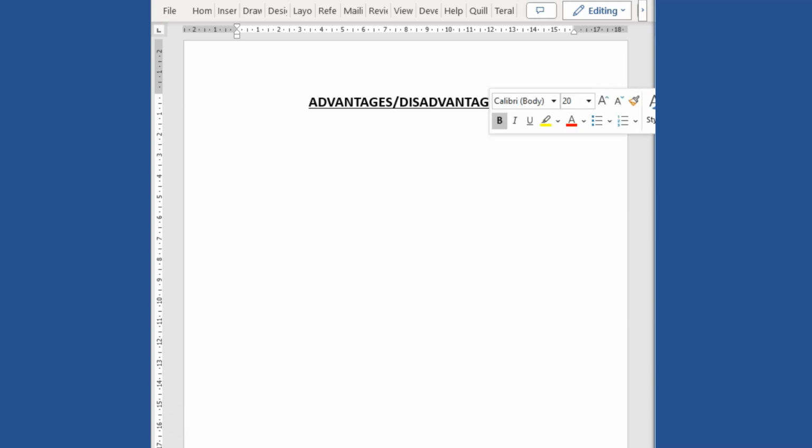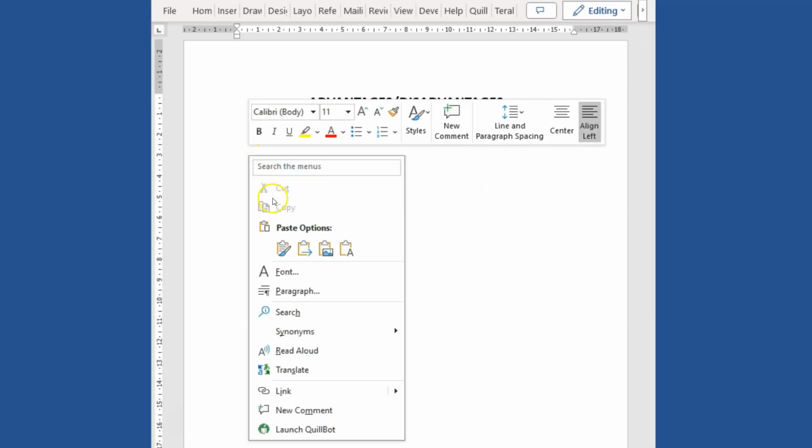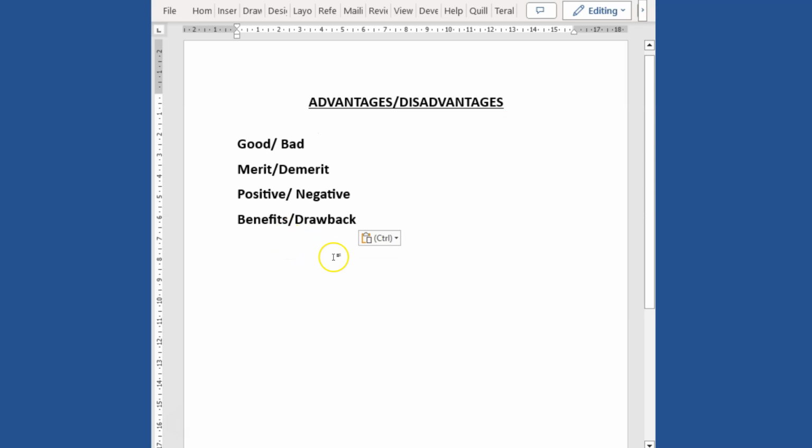When you are talking about the advantages or disadvantages, sometimes your examiner might ask you to talk about the advantages or disadvantages of a particular question, or sometimes they might ask you to state the good or bad aspects of what is actually happening, or sometimes the merit and demerit of them.